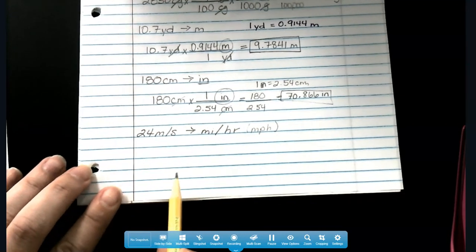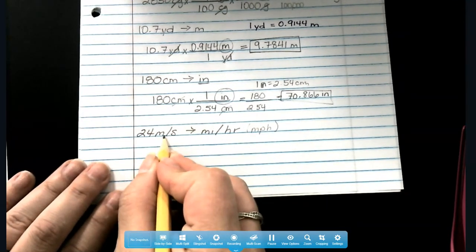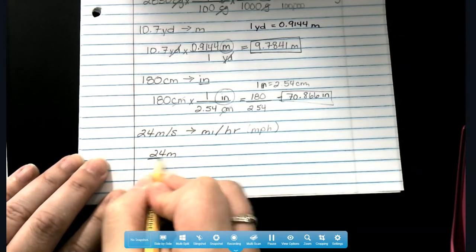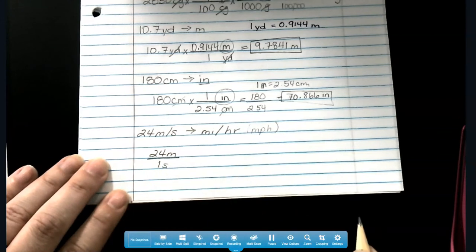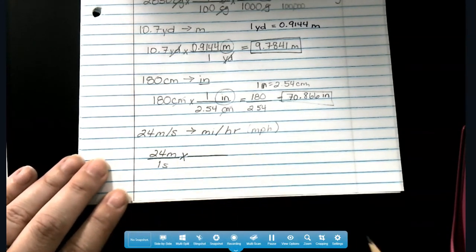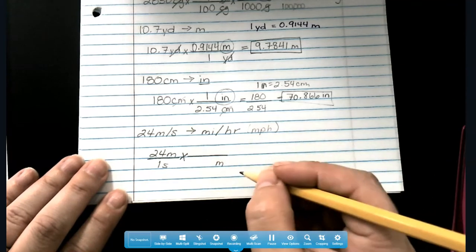So we're actually going to set this up the same way. But the difference is that meters per second is really 24 meters over 1 second. So we're going to set our problem up and we're going to work with one element at a time. Let's start with the meters. So I want to get rid of meters, so I'm going to put it down here.